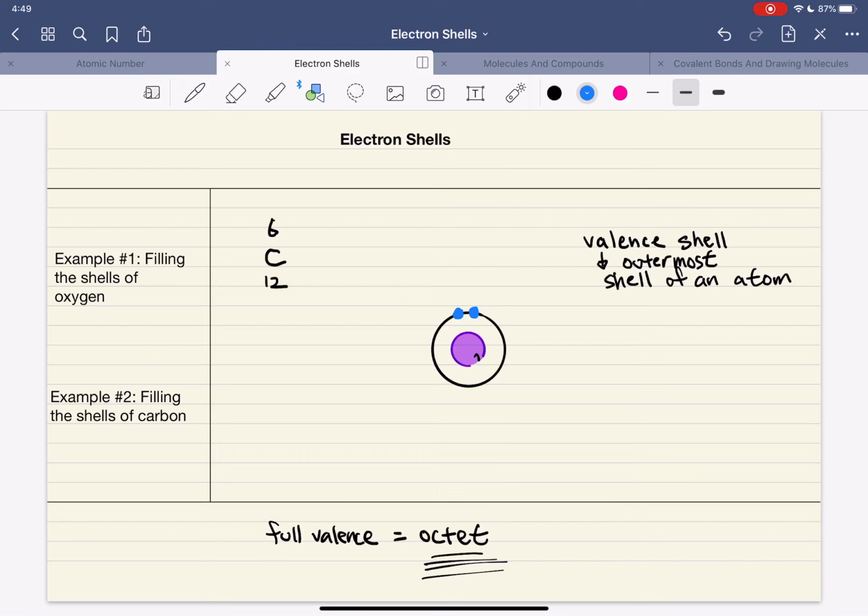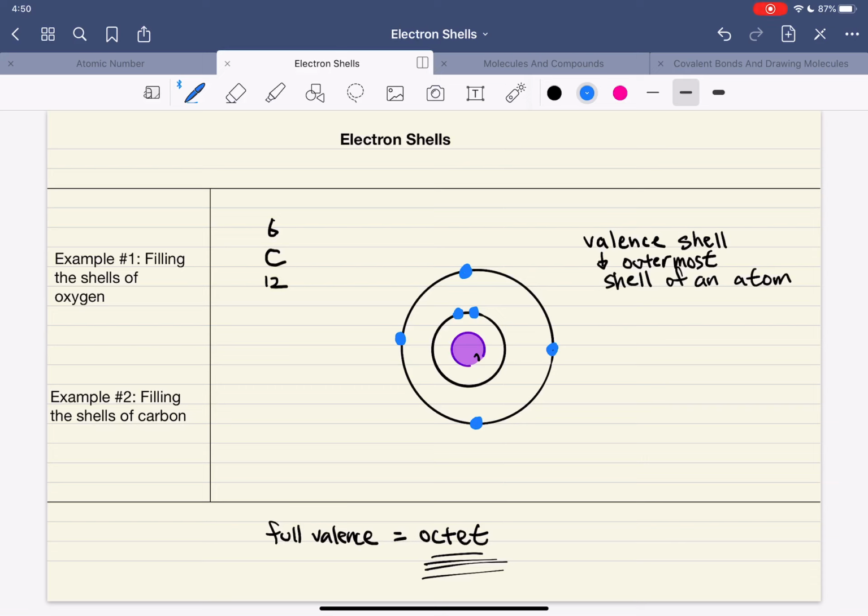So we're going to draw our second shell. And remember, the key is to place electrons at each of the 4 corners before beginning to pair them. So here comes electron number 3, 4, 5, and 6.